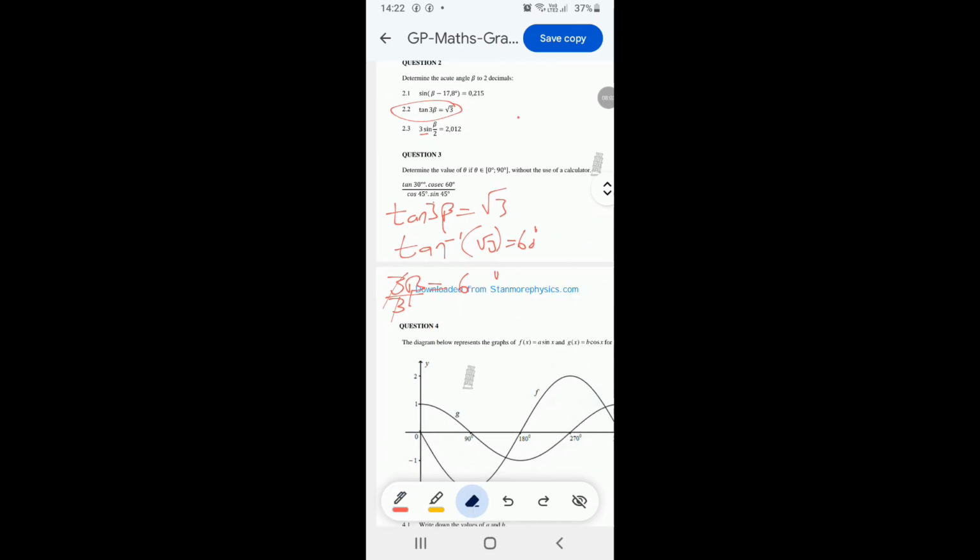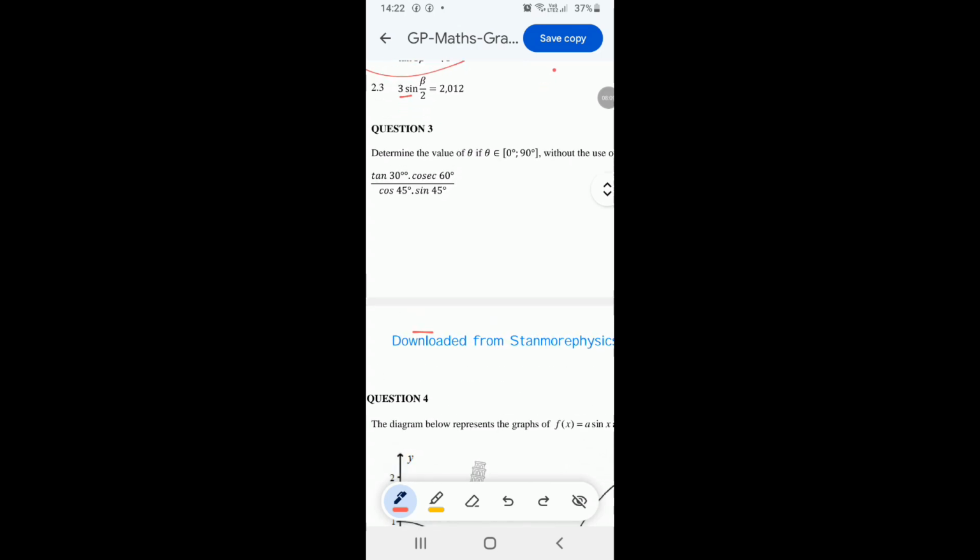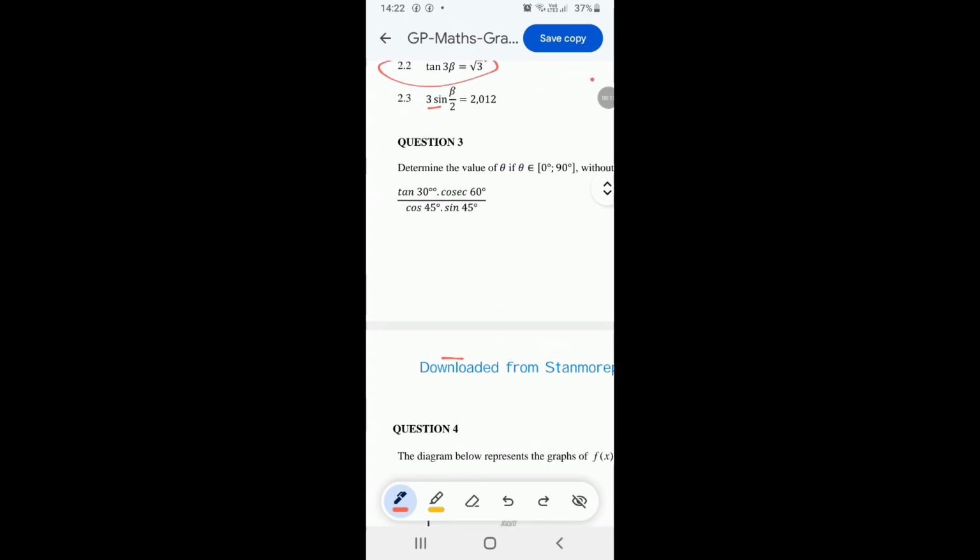Question 3. Tan 30, use your calculator for tan 30. Square root of 3 over 3, but we know we're going to write 1 over square root of 3 so that we do not get caught. And then cosec, you're going to first change cosec to 1 over sine 60.